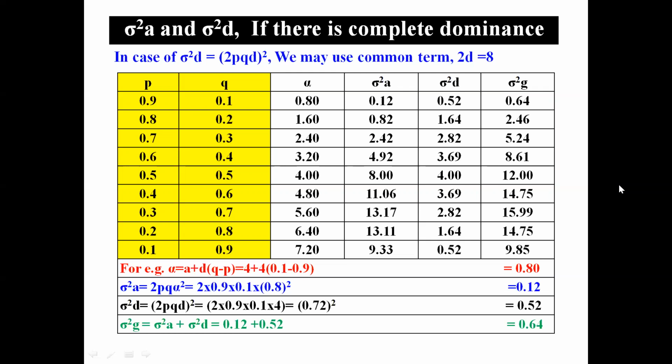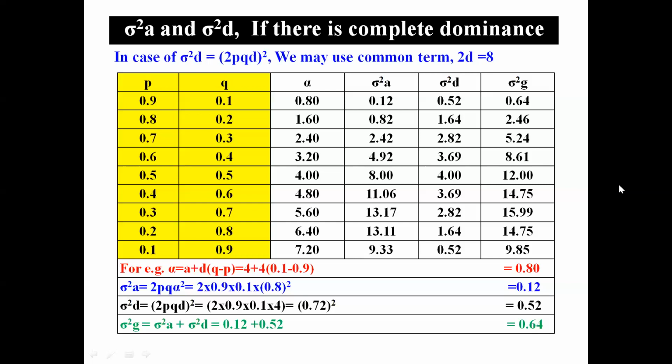I have elaborated by taking one example of serial number 1. Alpha for first case: A plus D, Q minus P, is equal to 4 plus 4, 0.1 minus 0.9. So alpha is equal to 0.8. And sigma square A, we may apply the same formula, 2PQ alpha square, and putting all these values, we will get 0.12.